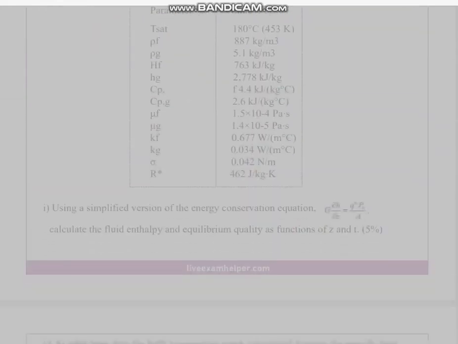Tsat 180 degrees Celsius, 453 K, rho_F 887 kilograms per cubic meter, rho_G 5.1 kilograms per cubic meter, h_F 763 kJ/kg, h_G 2778 kJ/kg, Cp_F 4.4 kJ/kg degree C, Cp_G 2.6 kJ/kg degree C, mu_F 1.5 times 10^-4 Pa s, mu_G 1.4 times 10^-5 Pa s, k_F 0.677 W/m degree C, k_G 0.034 W/m degree C, sigma 0.042 N/m, R* 462 J/kgK.